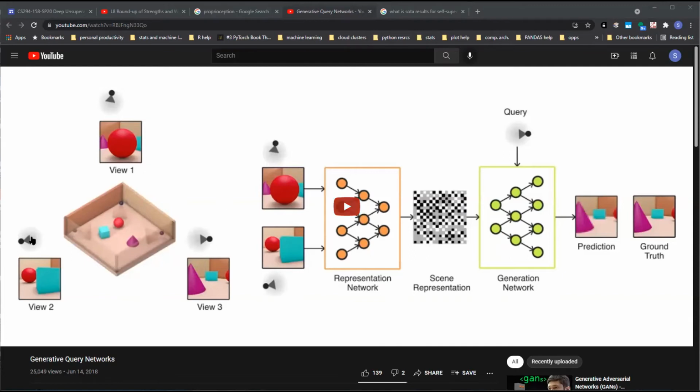So these little things are a person's perspective, I guess. And then from a first person view, or your pose with respect to this space, you are able to query what the view would look like and predict that, and thereby learn by comparison to the ground truth.